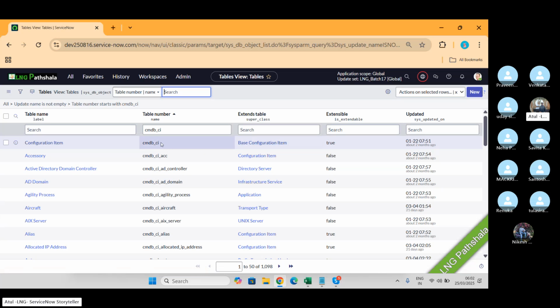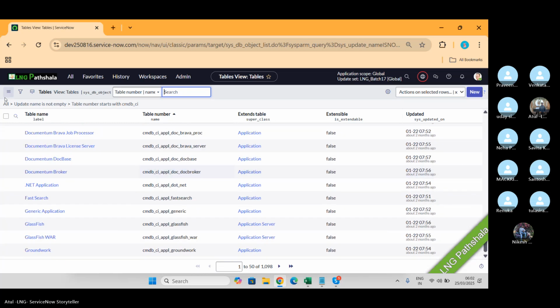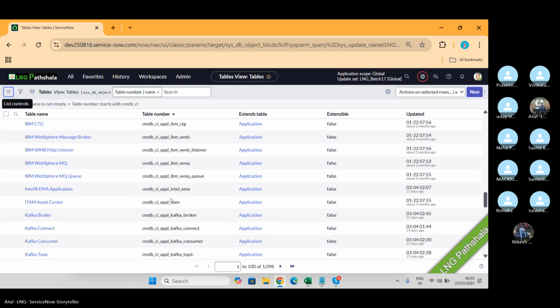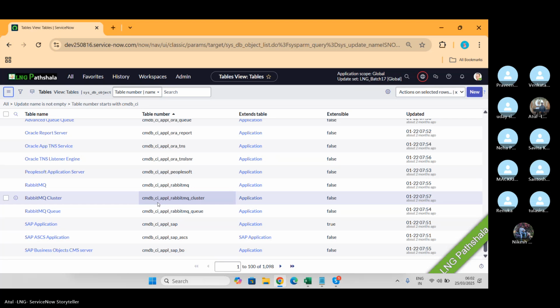So if you see, every CI class starts with CMDB CI. That is why I searched with CMDB underscore CI only. See, it is CMDB CI, CMDB CI, CMDB CI. What does this mean? The intention of having CMDB CI in the beginning is because it represents a set of classes.